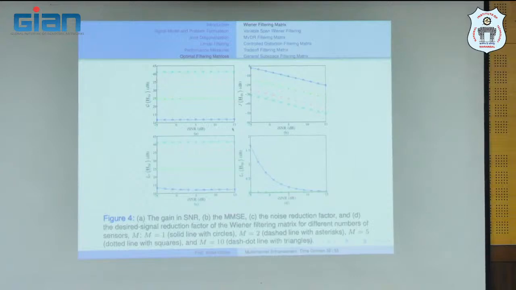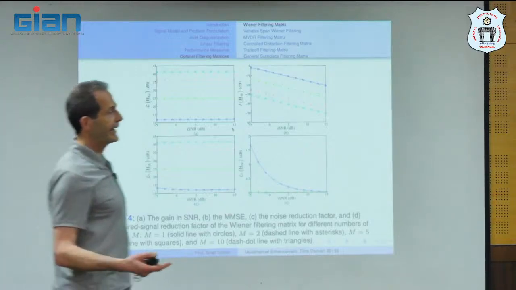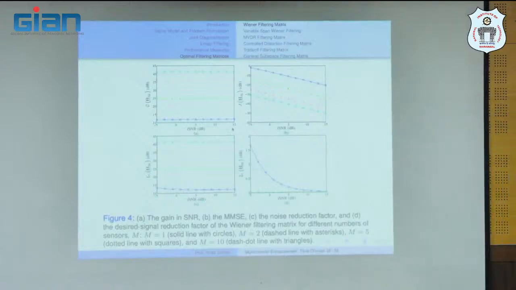It makes sense. Why? Because we use more information. If we add more sensors, what is the information that we use? In these matrices, we use the correlation between any sample in the vector of L samples in one sensor compared to any sample in another sensor within the vector of L samples.